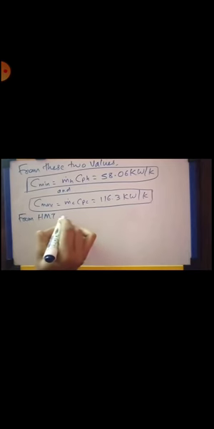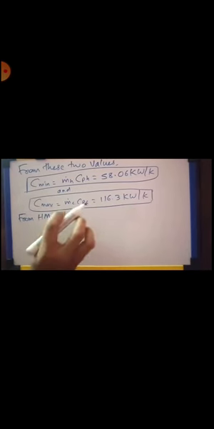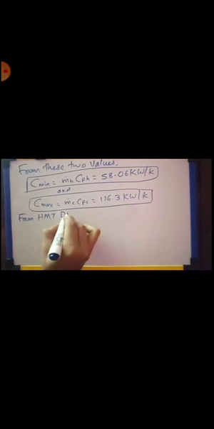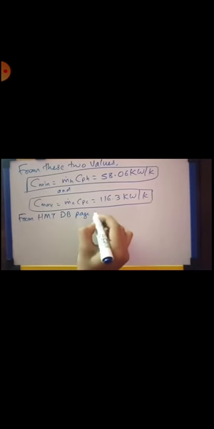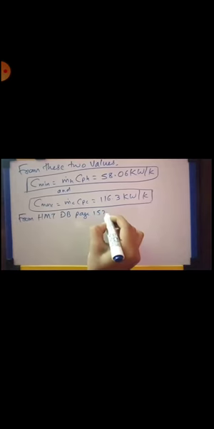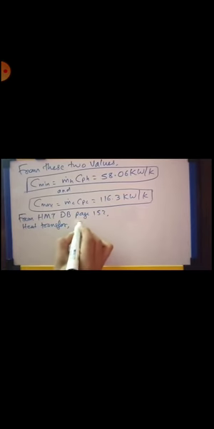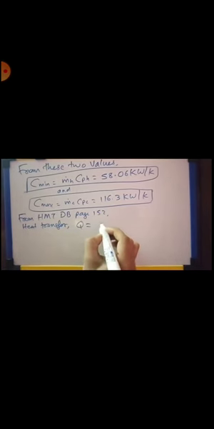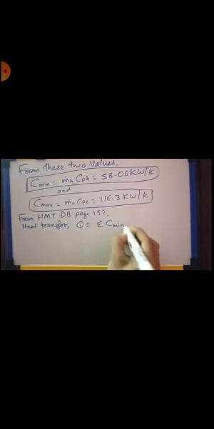Then from the HMT data book, page number 152, heat transfer Q is equal to epsilon into C minimum into capital T1 minus small t1.